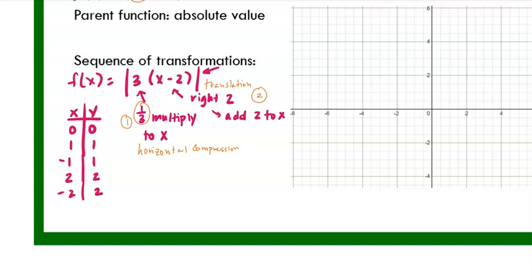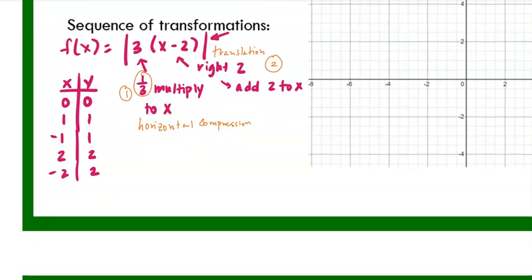Once I do that, I can take my points, and this is the outcome whenever you multiply. Let's use a different color. This is a multiply by 1/3.